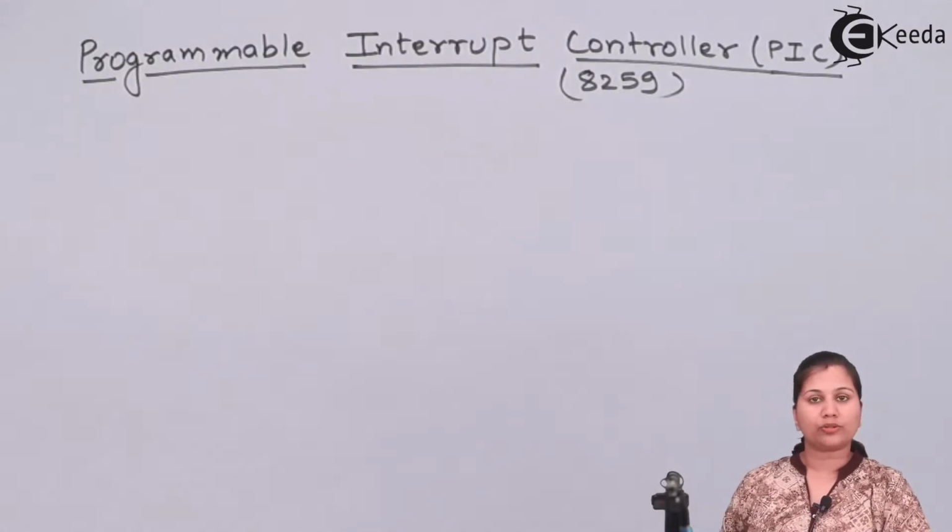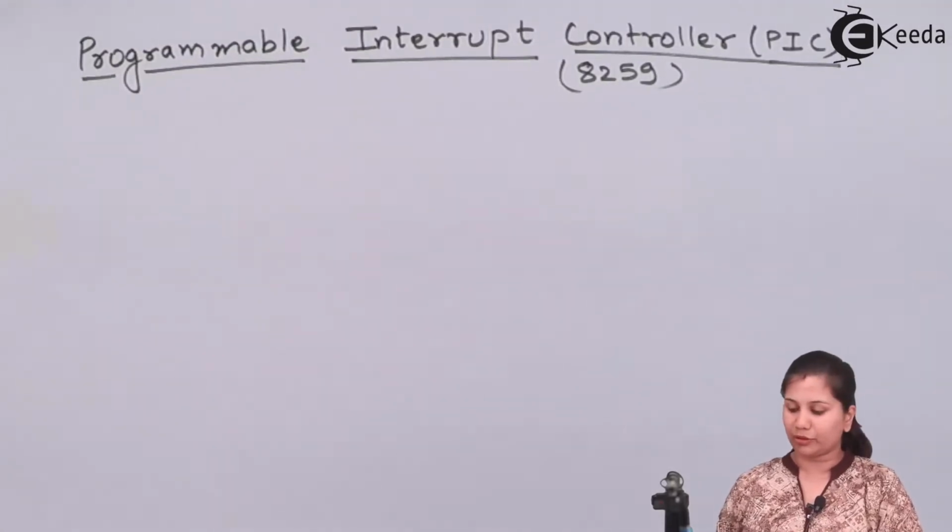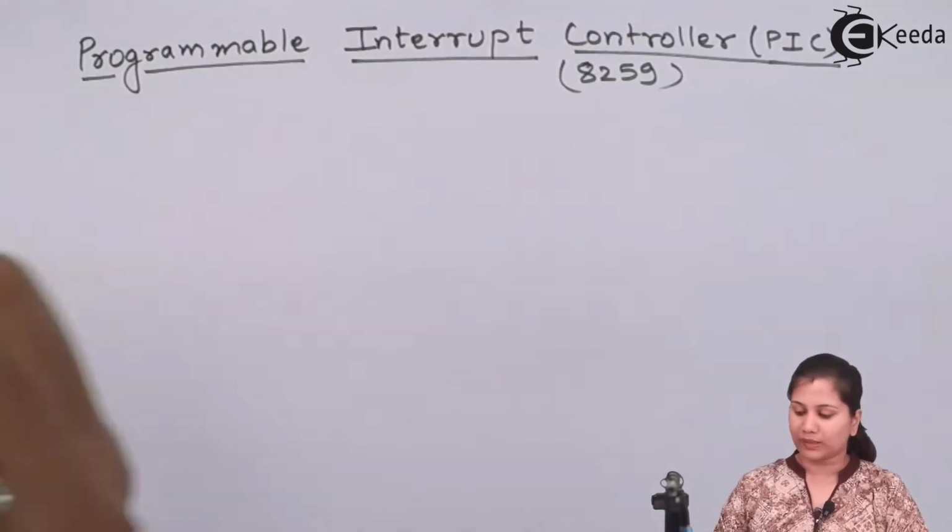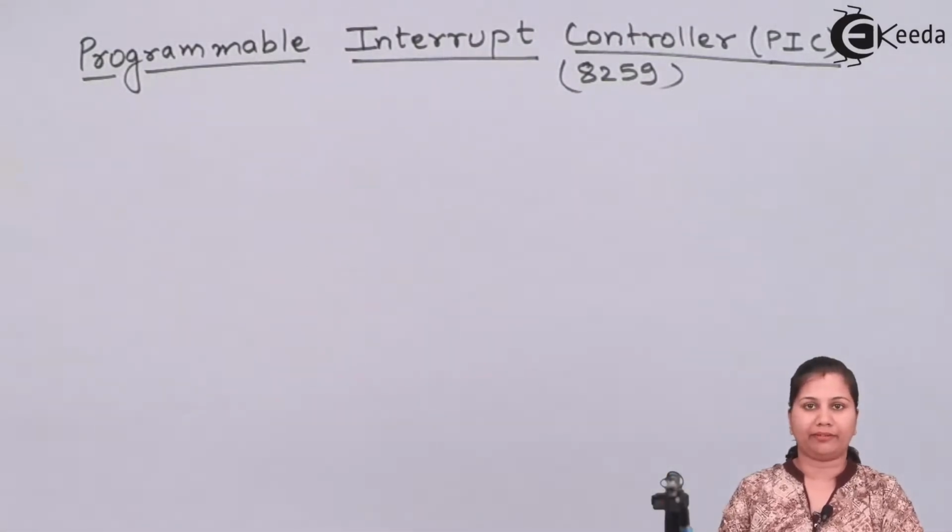So we are going to study about the Programmable Interrupt Controller PIC, whose IC number is 8259.